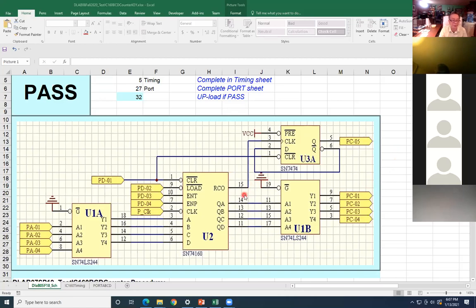Okay? So if you get this one, and also if this U3 is not working, then this will not go to 1. For example, you're missing the wire from pin 6 to pin number 2. Then they cannot toggle. So that will be U3. Now, how do we troubleshoot?